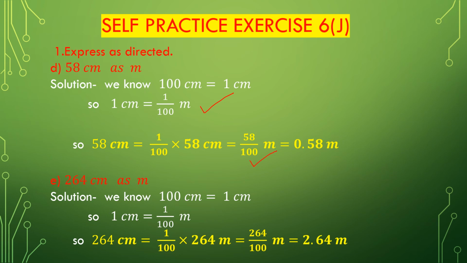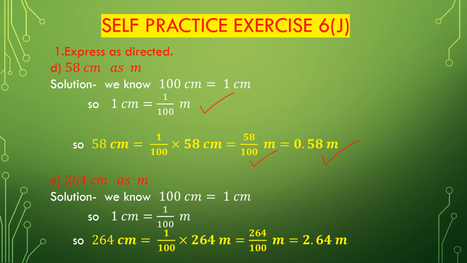In 100 there are two zeros, so we have to place two digits after decimal point. So it will be 58 divided by 100 equal to 0.58 meter. So 58 centimeter is 0.58 meter.